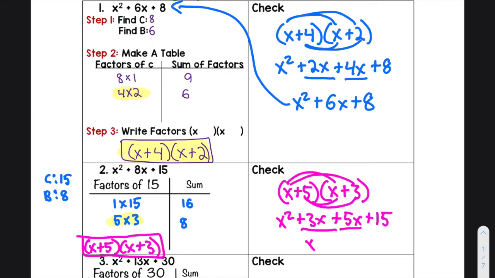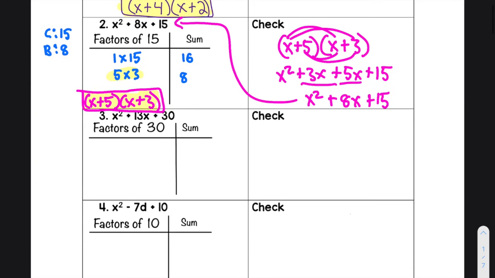Combining the like terms in the middle gives us x squared plus 8x plus 15. Since this is the original trinomial we started out with, we know our answer is correct. The factored form of the trinomial is x plus 5 times x plus 3, where if we were to find the product, we get our x squared plus 8x plus 15.